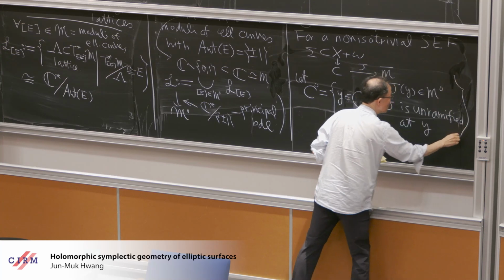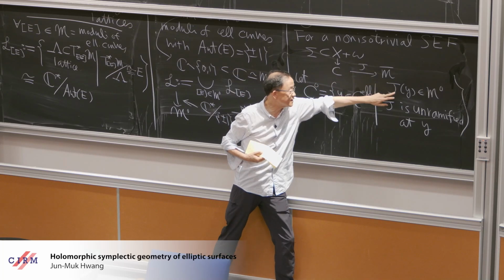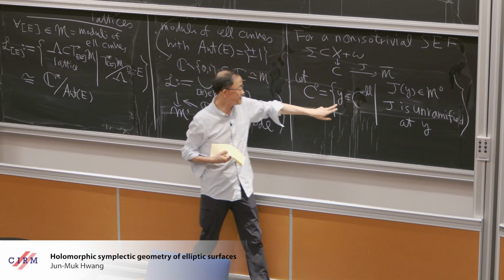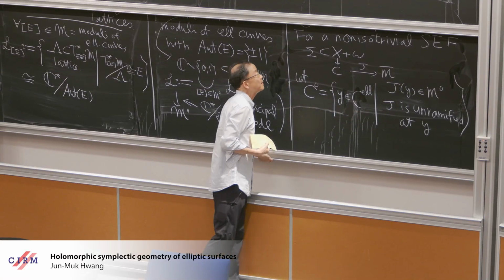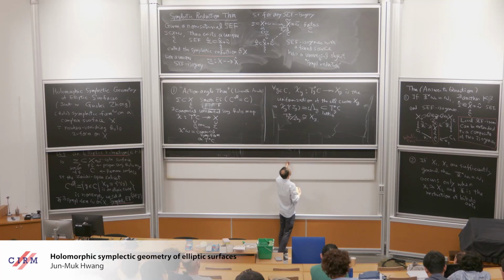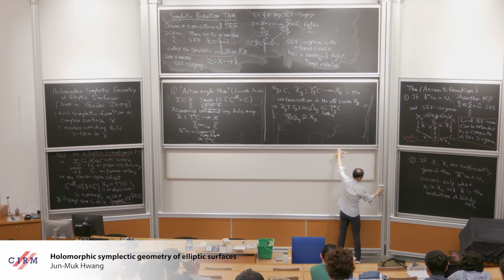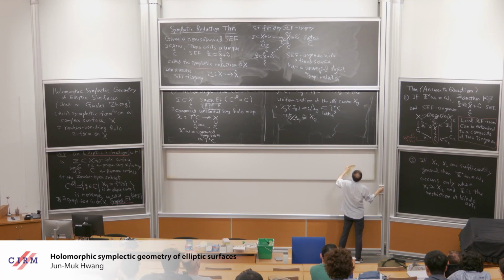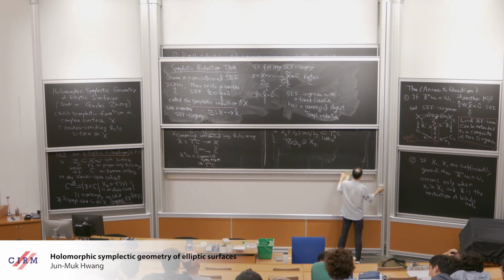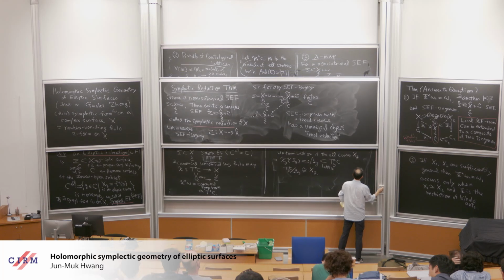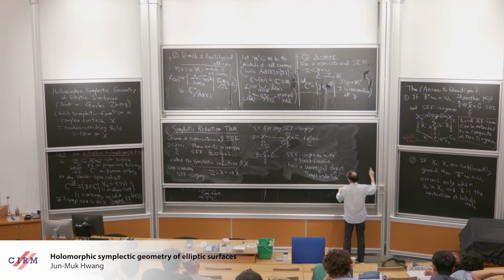So let's consider this open set in the base where the J map has values outside this bad point, and then the J map is unramified at that point. So that is the open set C0.